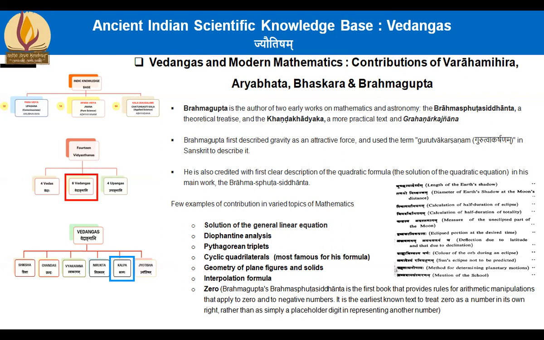He first described gravity as an attractive force and used the term Gurutva in Sanskritam to describe it. Then the quadratic formula also is discussed here, and this is just an image to show you how many mathematical and other concepts have been discussed by our ancestors.